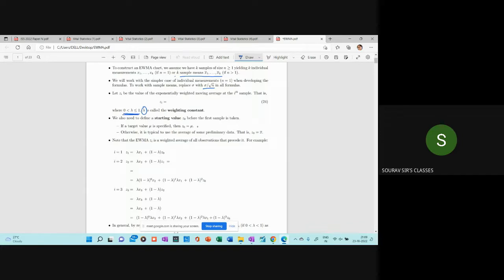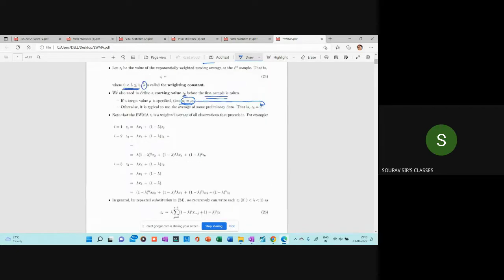We will start with some initial value z naught, which is the first sample, with the targeted value being mu. We can estimate this mu with the grand mean, x double bar, that is the mean of all the means x1 bar, x2 bar, ..., xk bar.